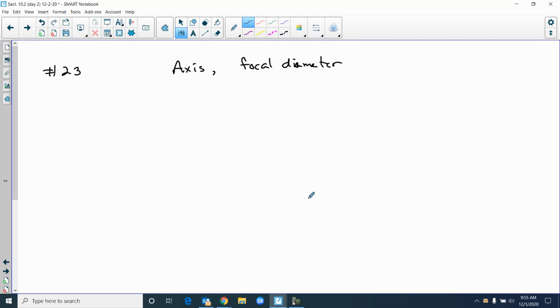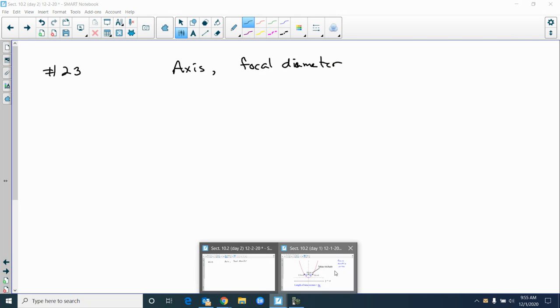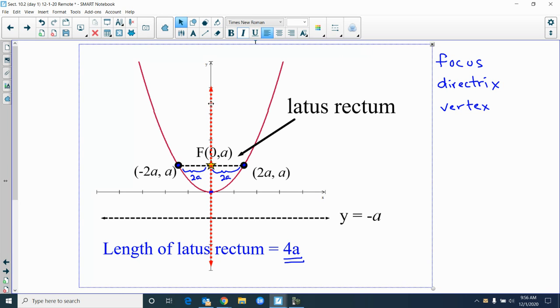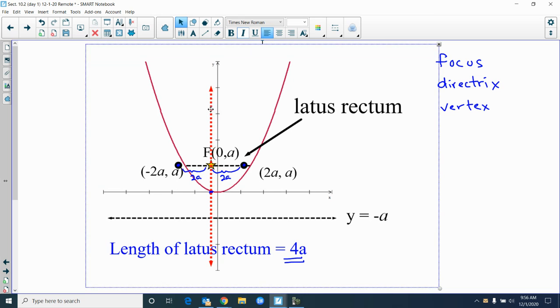For those, the axis is the line that contains the focus and the vertex, and it will always be perpendicular to the directrix. So the axis contains the focus and the vertex, and it'll split the parabola in half. Just a little bit of clarification there.